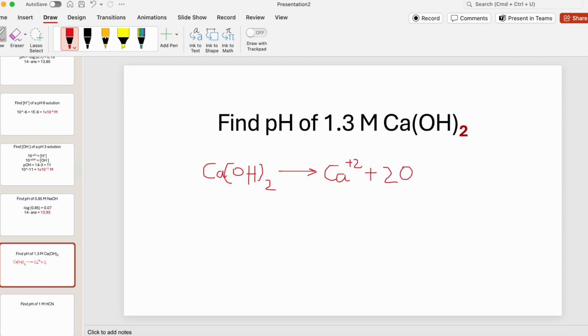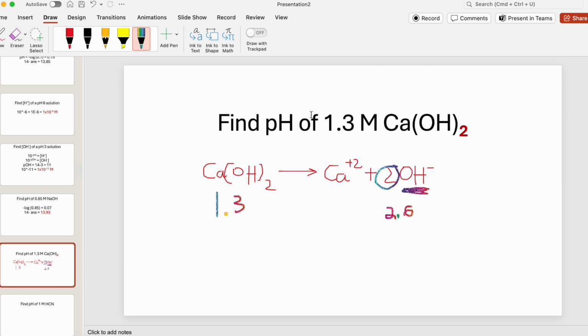So this is 2 OH minus. Now, if you remember, we want the negative log of OH minus. So from my mole ratio, if this is 1.3 molar, then for OH minus I have to double it because I have this lovely 2 out front. So this is 2.6.